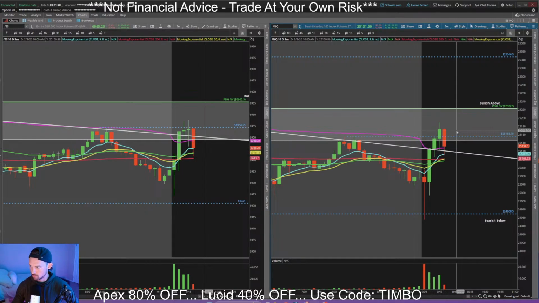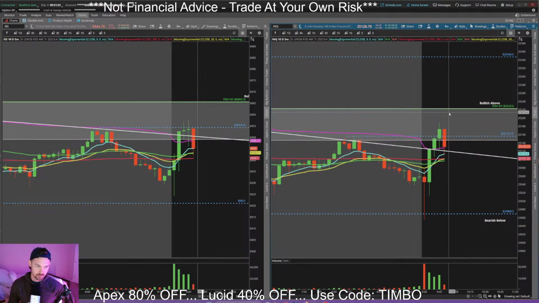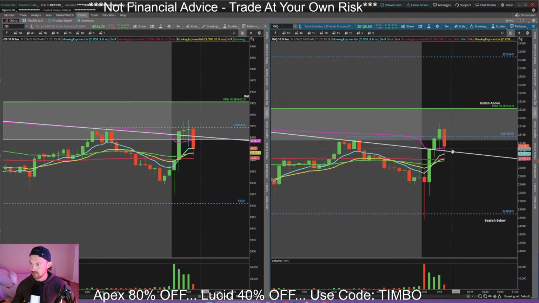If we can get back above that 155 level, I still like a long up to that previous day high. We'll see if we can get a bounce here or not.